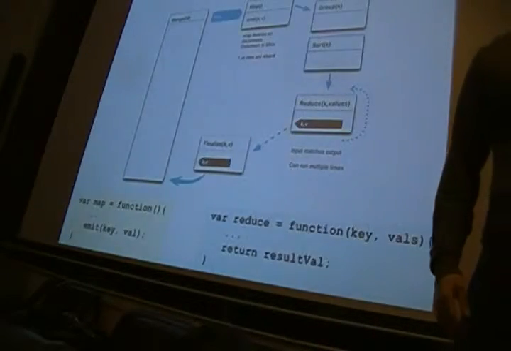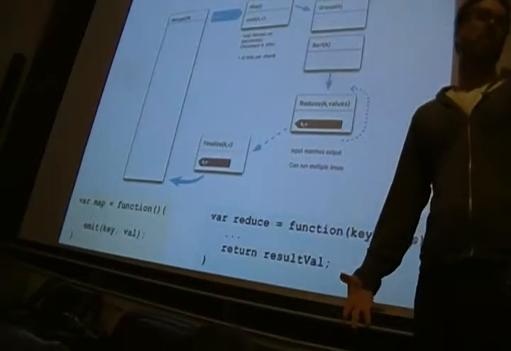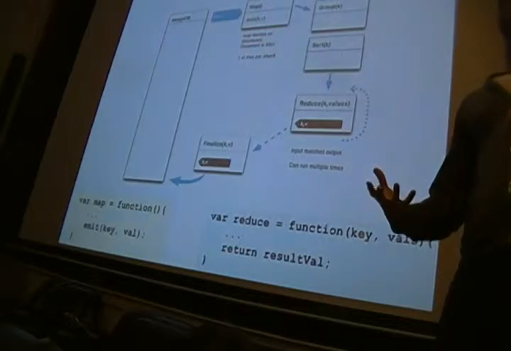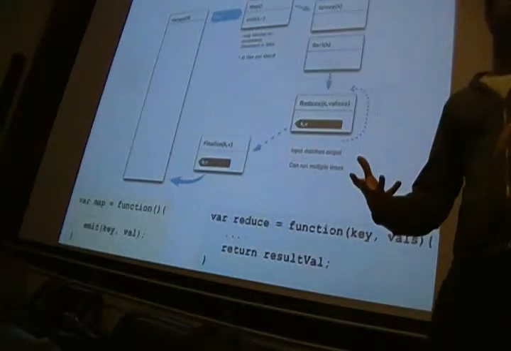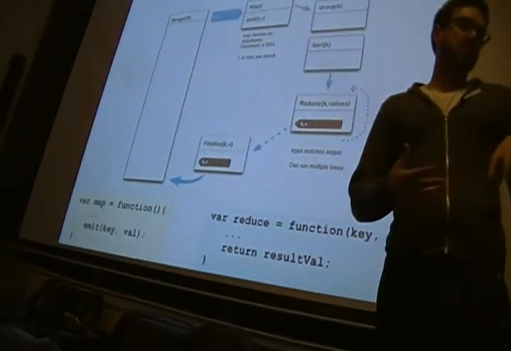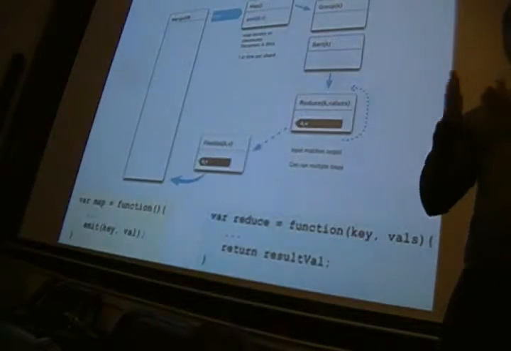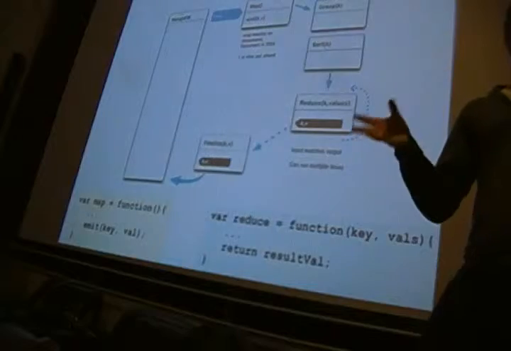If you're not familiar with MapReduce already, the basic idea is it happens in two phases: the map phase and the reduce phase. The map phase consists of a function that you write that executes against each record in your database and spits out some key and value.